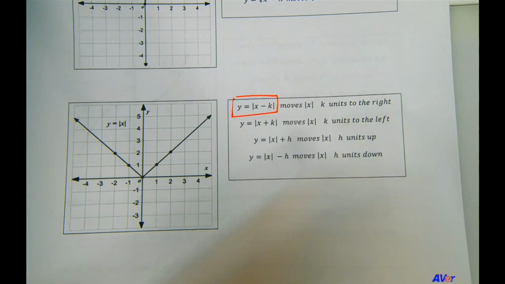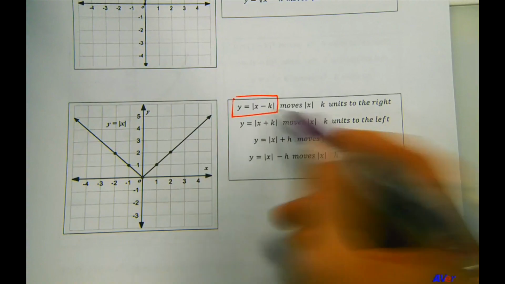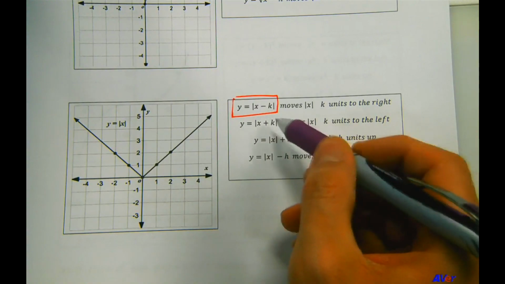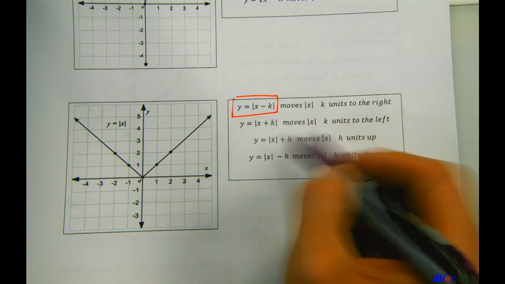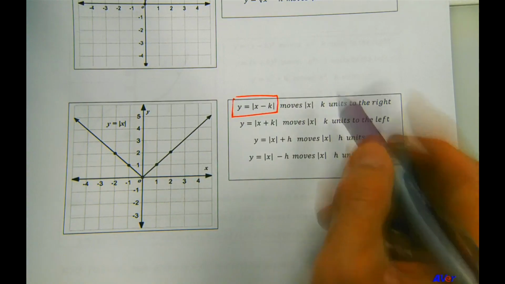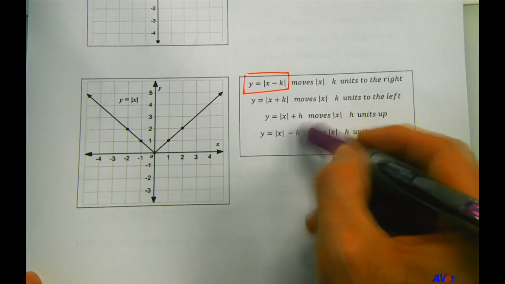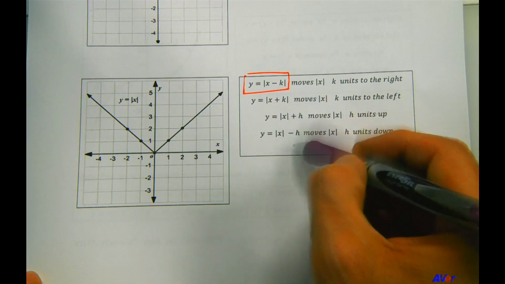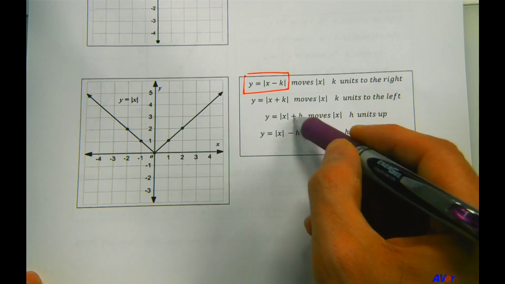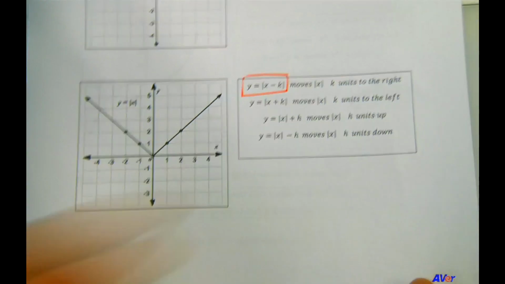And k would determine, once again, just like the square root function, the horizontal shift, whether to the left, in which case k would be negative, or to the right, if k is positive. And once again, h on the outside of the absolute value function would indicate up or down movement, depending on what the algebraic sign of that value is.